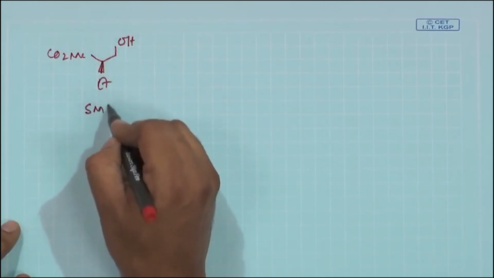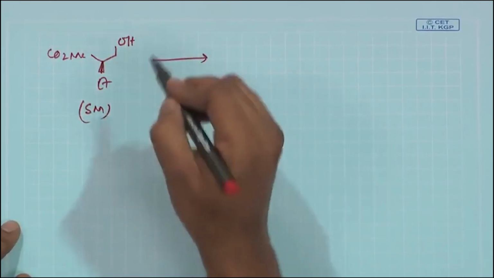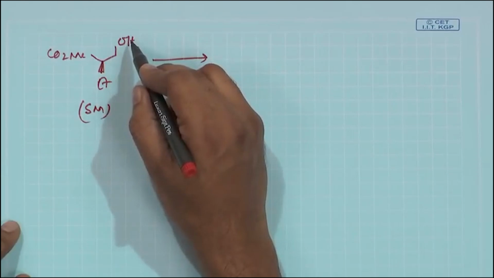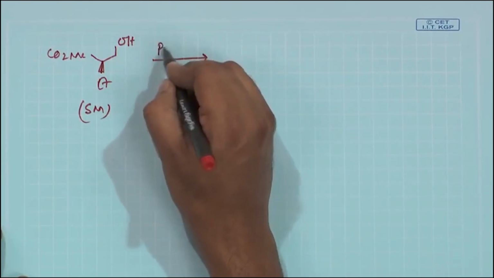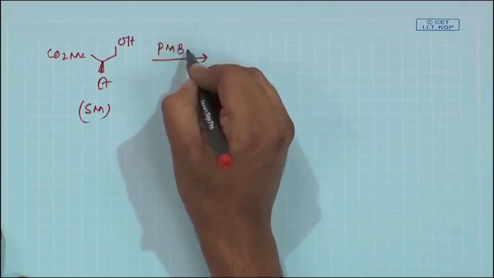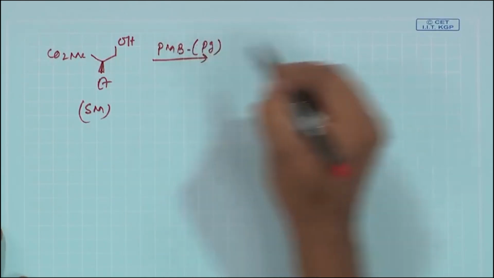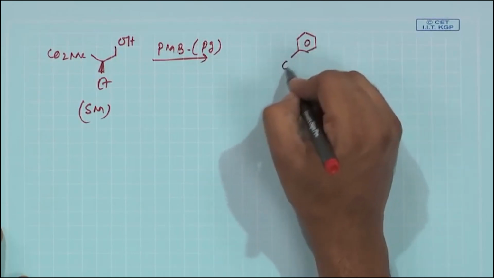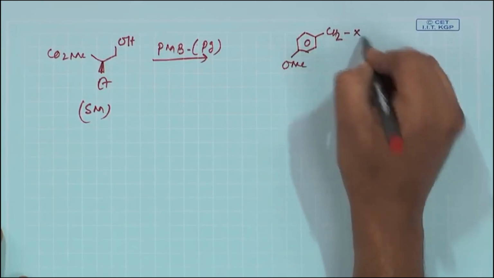Now, you do a close analysis. I say we will be trying to use a paramethoxybenzyl protection. You definitely can do other protection, absolutely no issue. What is paramethoxybenzyl? We have already explained earlier, it is basically the paramethoxybenzyl group.